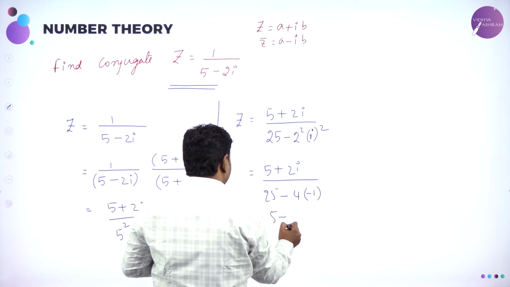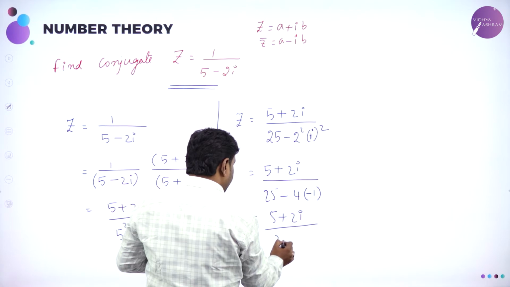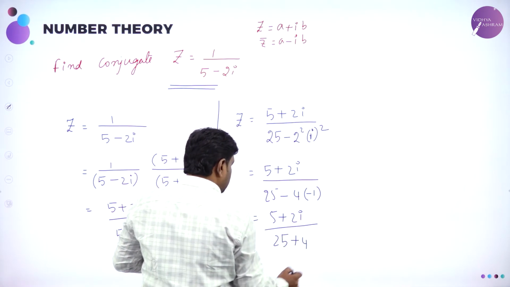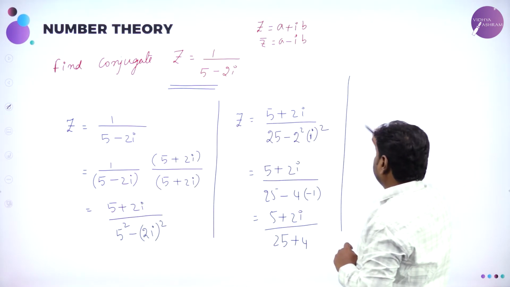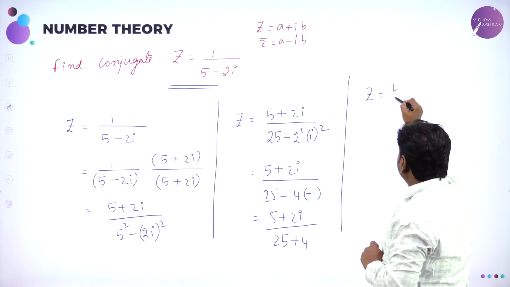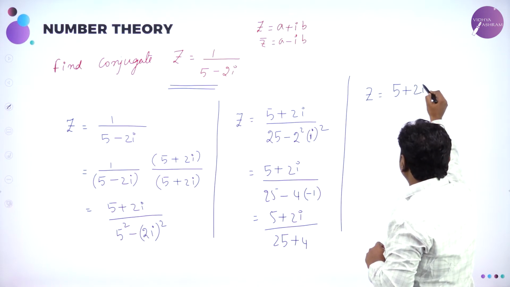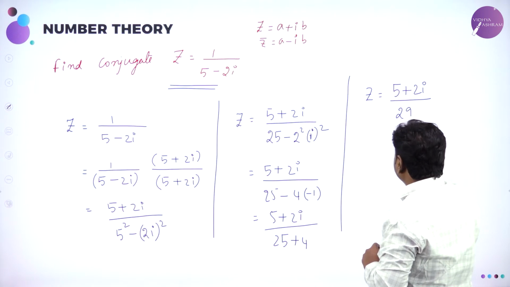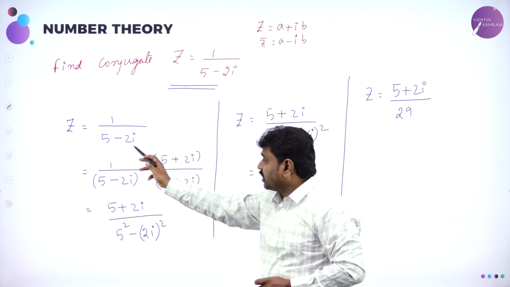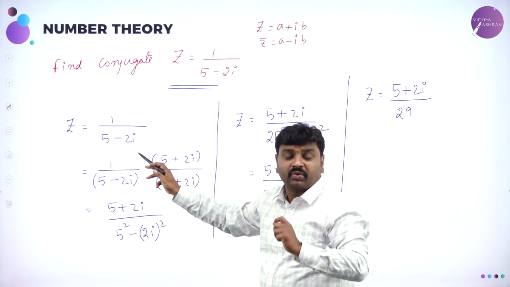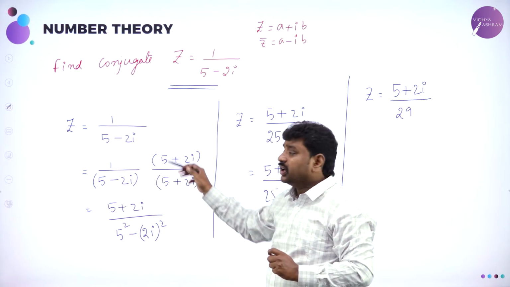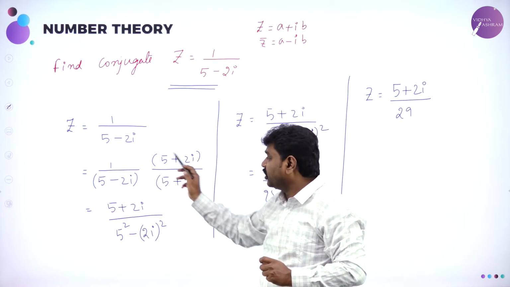So (5 plus 2i) divided by 25 plus 4, that is z is equal to (5 plus 2i) divided by 29. See here, the rationalizing factor for 5 minus 2i is 5 plus 2i.